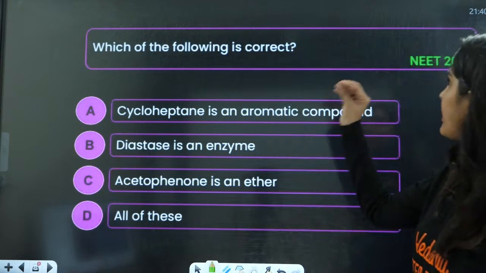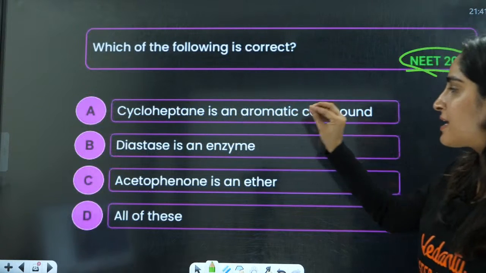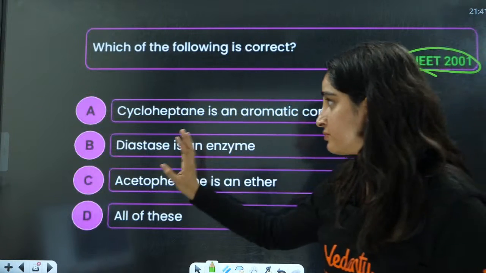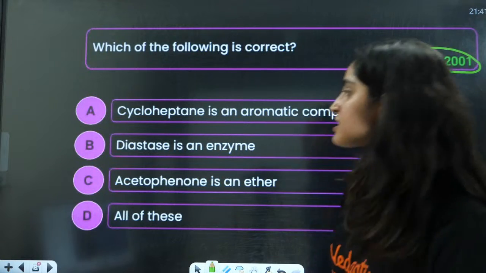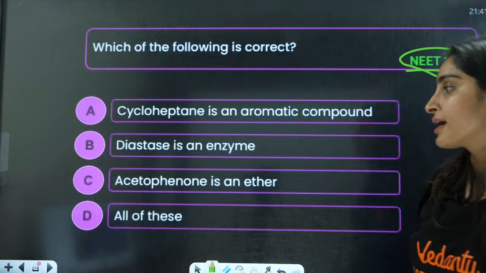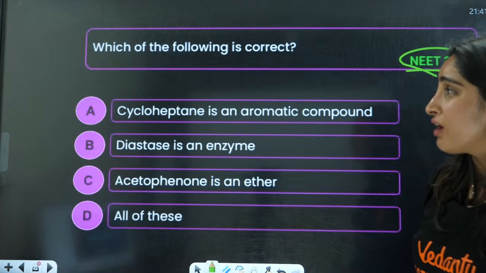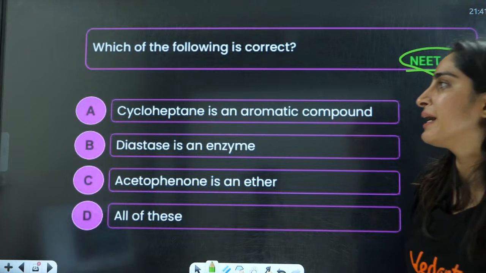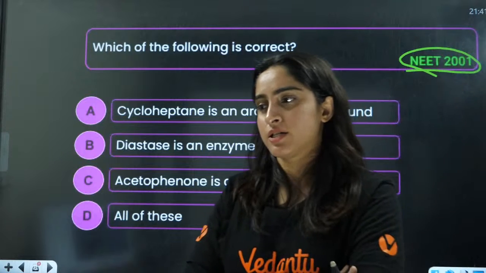Next is, which of the following is correct? 2001 question. Cycloheptane is an aromatic compound. Diastase is an enzyme. Acetophenol is an ether. Everybody in the comment section, which of the following is correct?